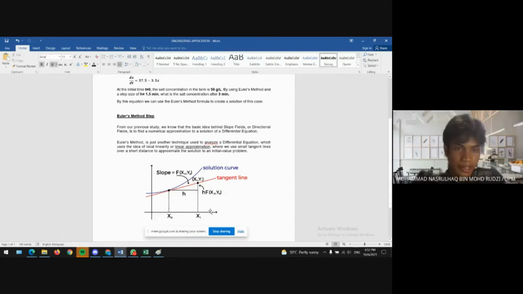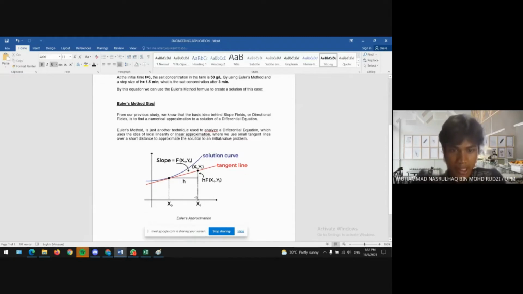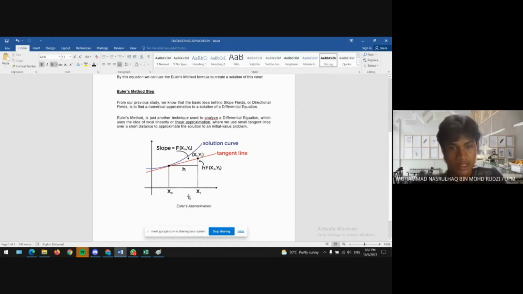Euler's method is another technique used to analyze a differential equation, which uses the idea of local linearity or linear approximation, where we use small tangent lines over a short distance to approximate the solution to an initial value problem. This is an example of a diagram of Euler's approximation.